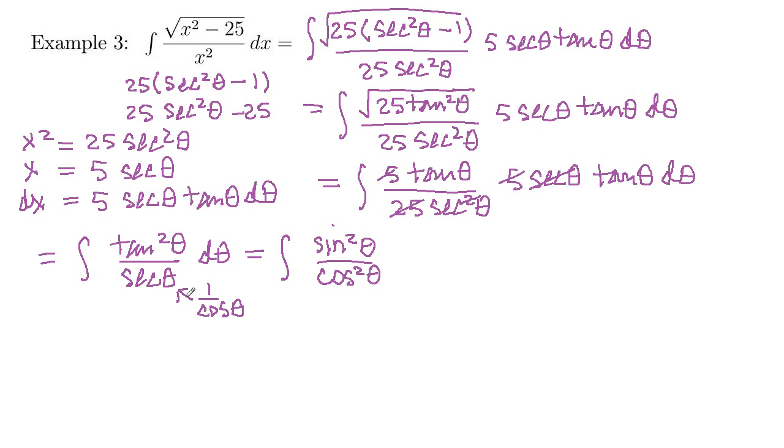So we're dividing by 1 over cosine theta, so we're going to multiply by cosine theta over 1. And let's see, this cosine will cancel one of those. So we are left with the integral of sine squared theta over cosine theta d theta.